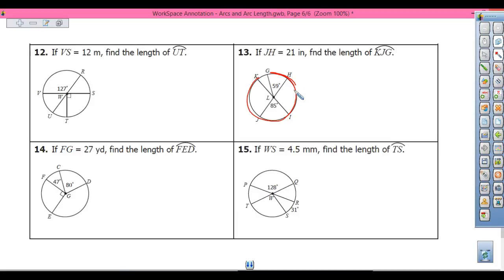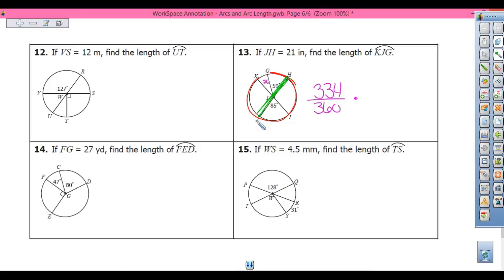How'd you get it? Yeah, these two are going to add up to 85, so this is 26. So now to get the rest of that arc, 360 minus 26 is going to give us 334. So 334 over 360 times, now it says JH is 21.